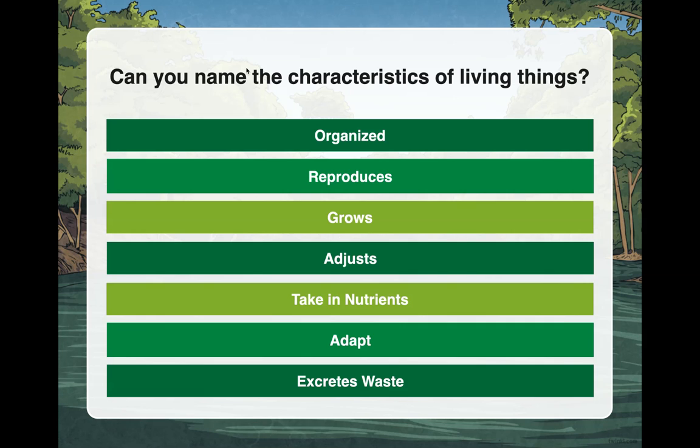It takes in nutrients, meaning we get energy and nutrients from food. And it adapts to its environment around us for what? Survival. And it excretes waste, which is when it goes and uses the bathroom. So make sure you copy this slide completely, and let's see if you can memorize the seven characteristics of living things.